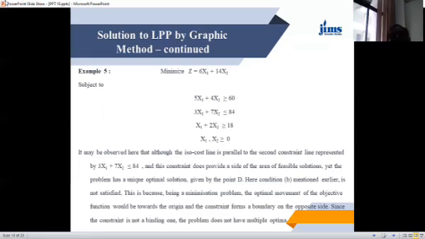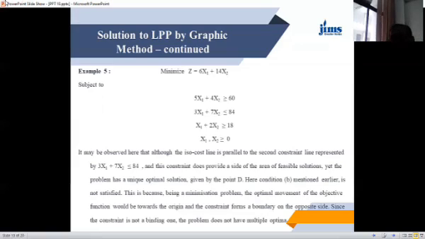Here also again it is the greater than or equal to sign. And in all the cases, x1 and x2 will be greater than or equal to 0, because this is the condition of non-negativity. x1 and x2 cannot be negative, so x1 and x2 either will have 0 value or greater than 0.